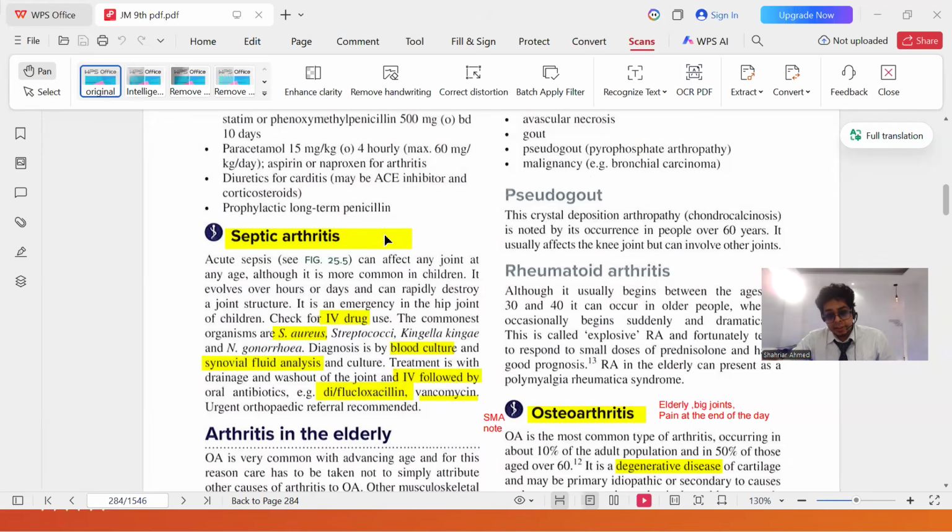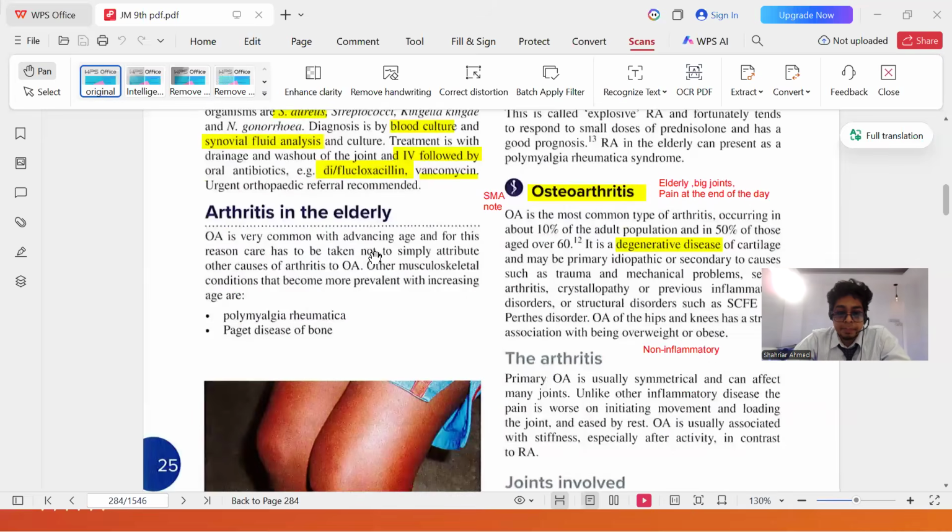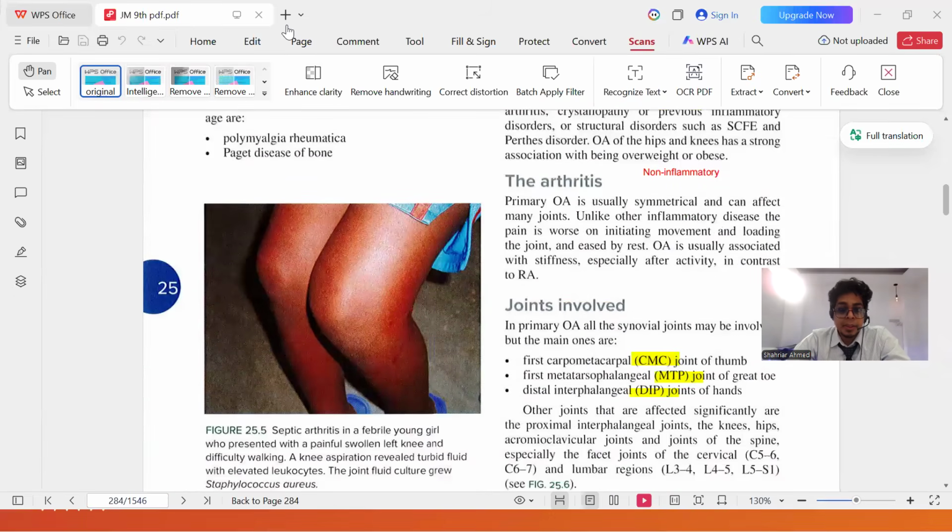Aspiration first, then the antibiotic. It's not that you give the antibiotic the next day: just aspiration, and immediately you give the antibiotic shots. Is it clear? Aspiration first, second is the IV flucloxacillin shot. I hope that's clear to the dear doctors.